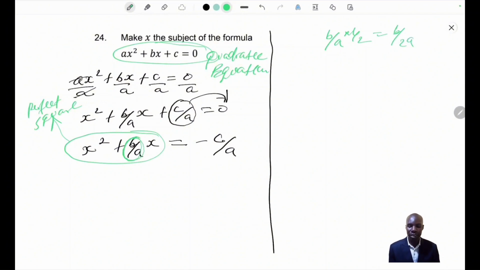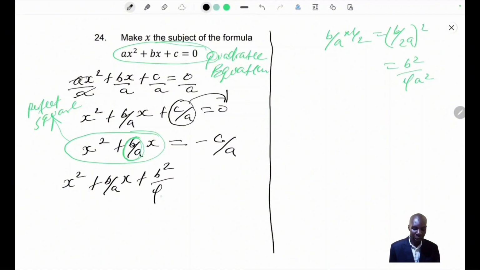Once you've gotten half of the coefficient of x, you square it and add it to both sides. When I square this, I'll get b squared over 4a squared. So that is what I add to both sides: x squared plus b over a x plus b squared over 4a squared, equals minus c over a plus b squared over 4a squared.